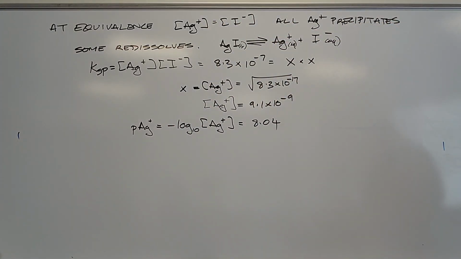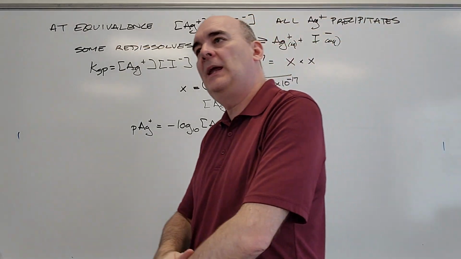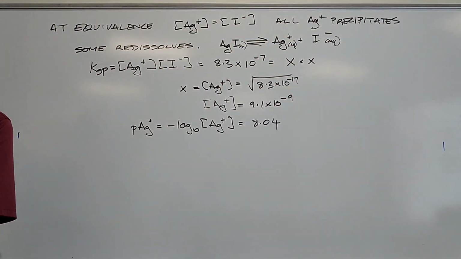Now people are going to ask, what's going on in your solution? Yes, at the equivalence, but what's happening in the solution before you get to equivalence, and what's happening after you've got to equivalence?